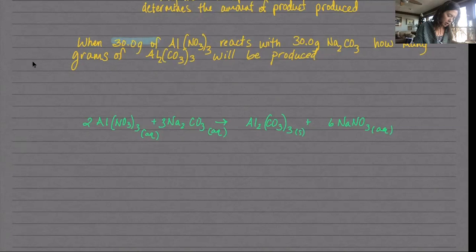I'm given 30 grams of aluminum nitrate. So I'm going to write that right here. I'm given 30 grams of sodium carbonate. So I'm going to write that right here. And I am asked for grams of aluminum carbonate. So I will write that right here.